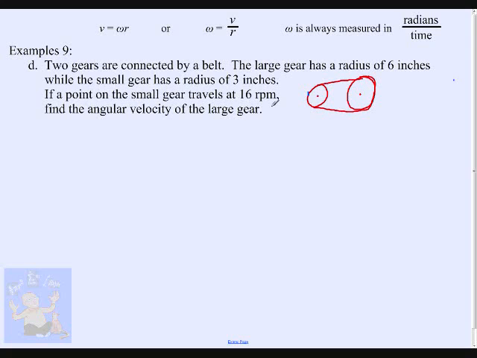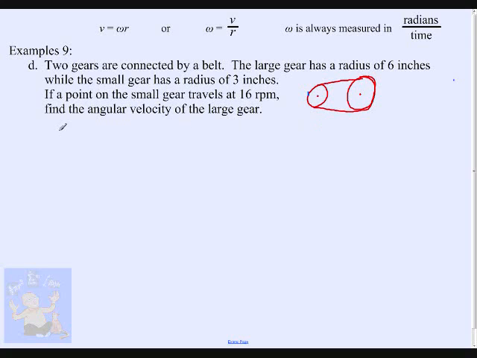So here we have a linear velocity. Now the linear velocity of both of these, oh, excuse me, no, this is an angular velocity, but the linear velocity of both of these has to be the same, doesn't it? Because the belt has them connected.